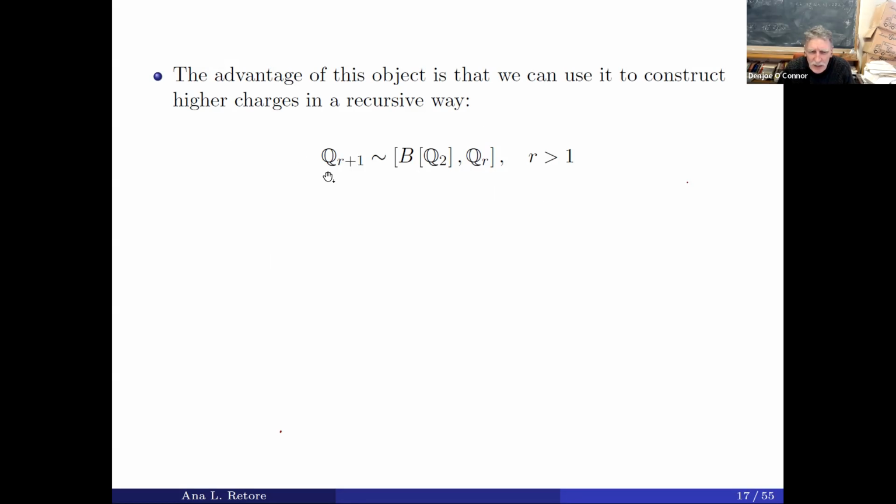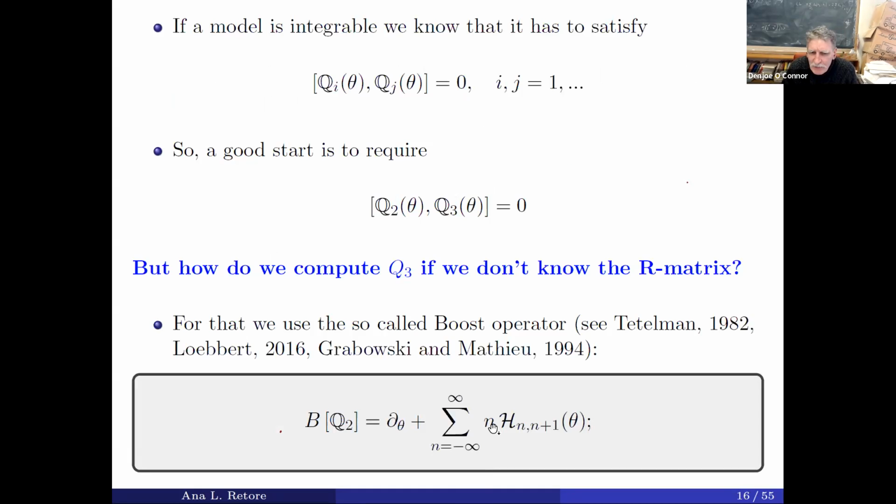Sorry, I didn't understand how you can use it for a periodic chain. I mean, you just take the sum from minus infinity to infinity, or in that case, do you just restrict? No, you don't need to. Look. In principle, this object is defined from minus infinity to infinity. But H is periodic, H of n and n plus 1. The n and n plus 1 are nearest neighbors.